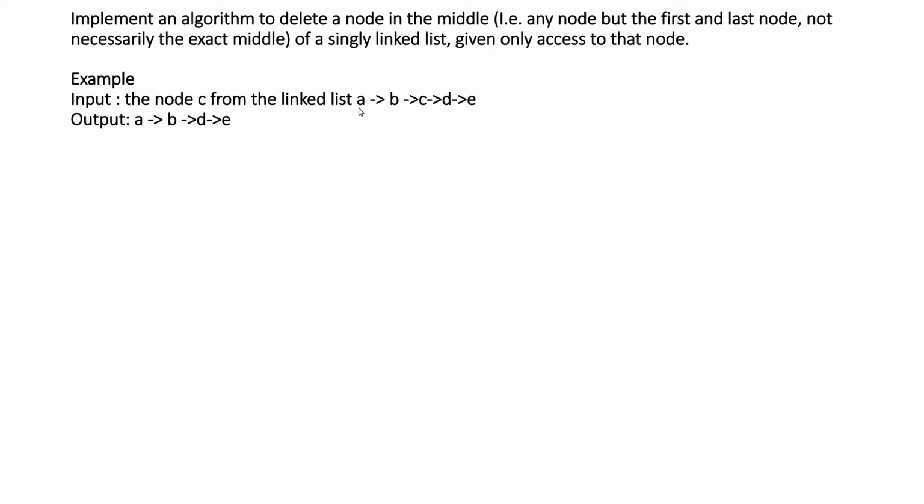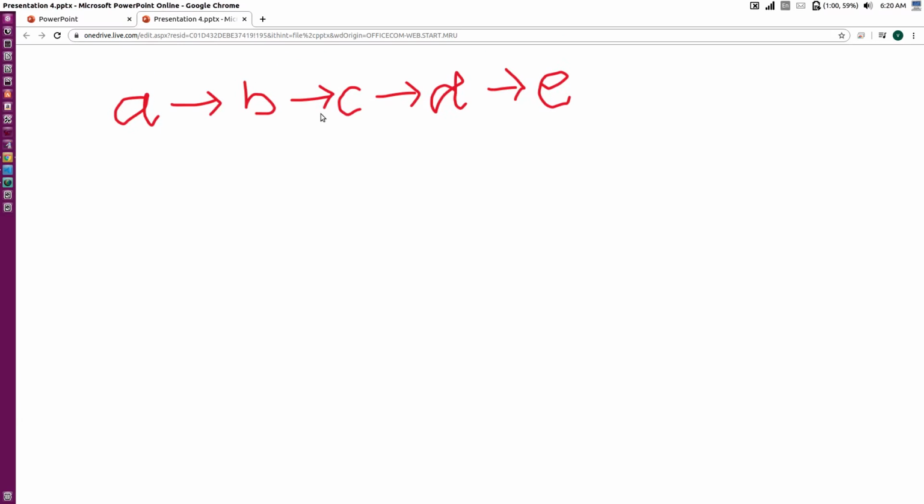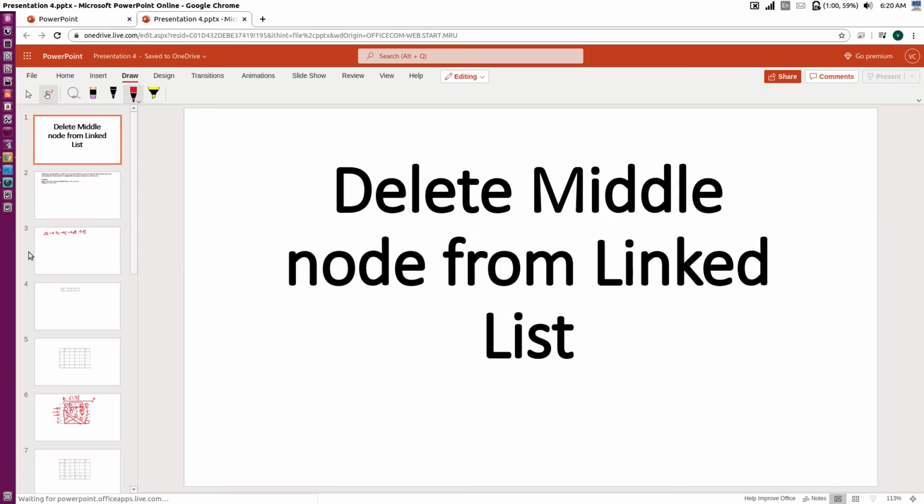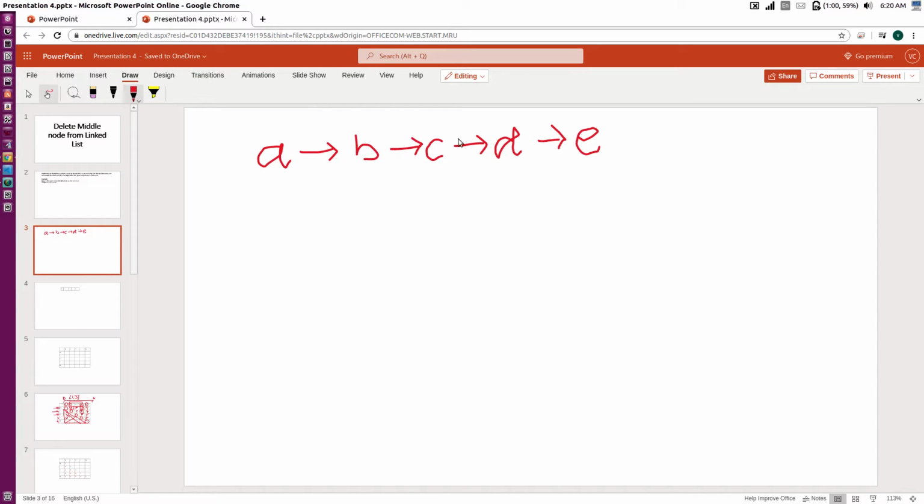So as you can see, the input would be A B C D E and the output would be A B D E. As I mentioned, I would be provided the reference to this specific node, and I need to delete it from the linked list.